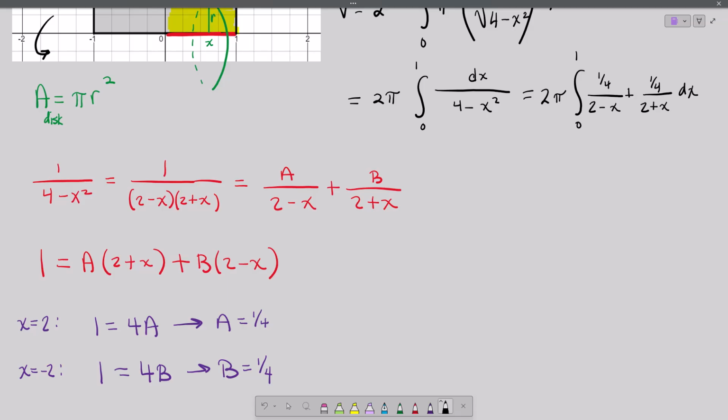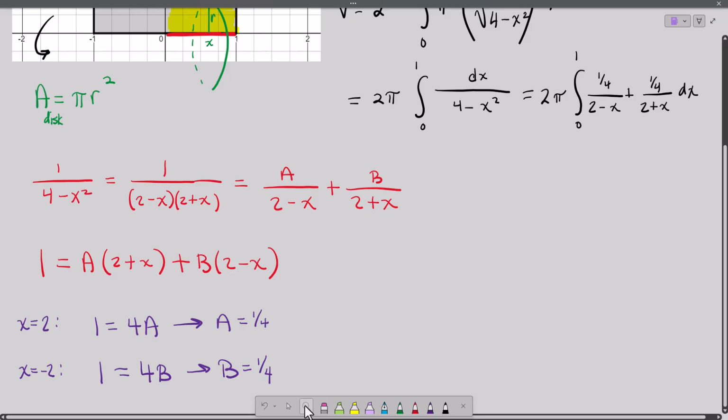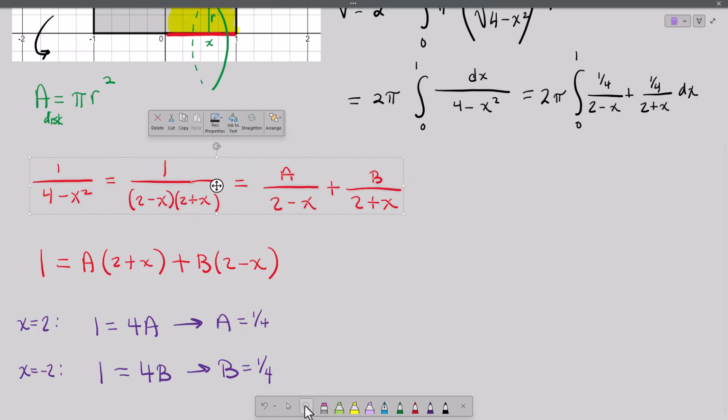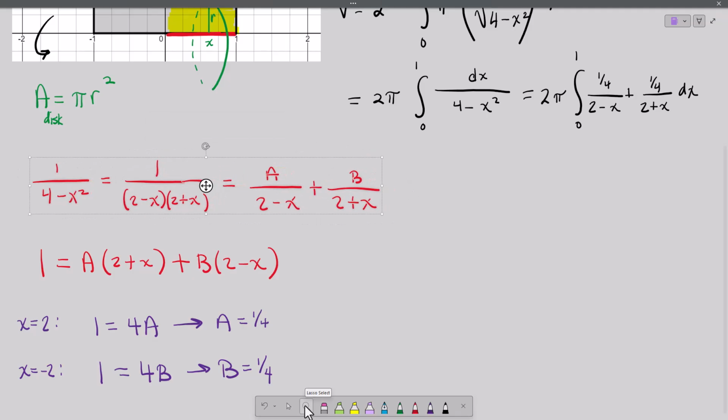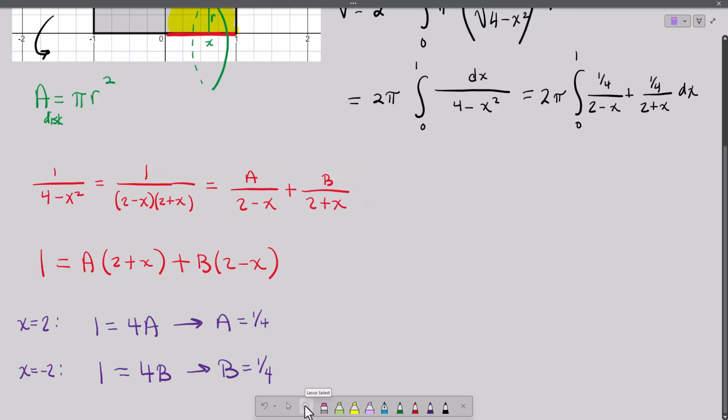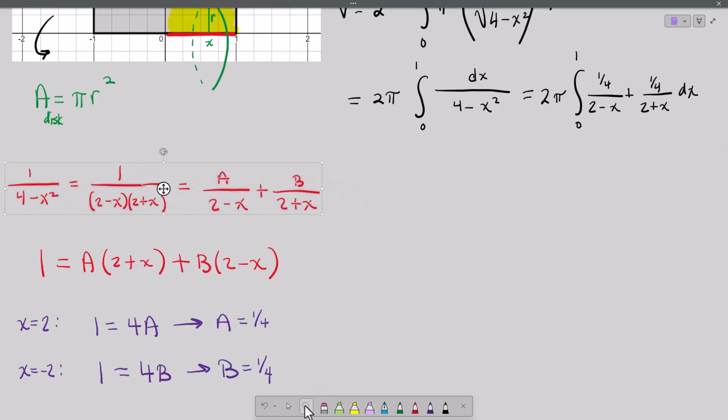All right. What form are those two fractions in? Log form. Will we need RCR?